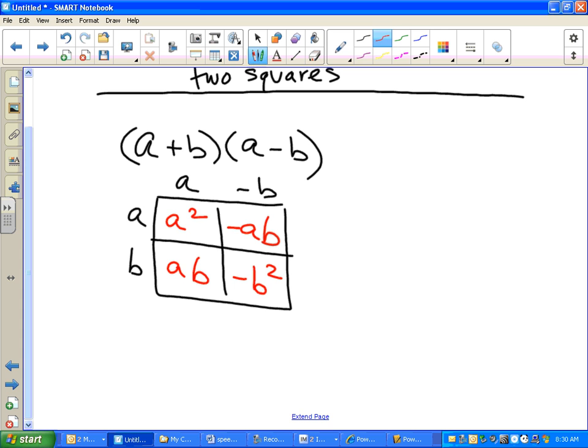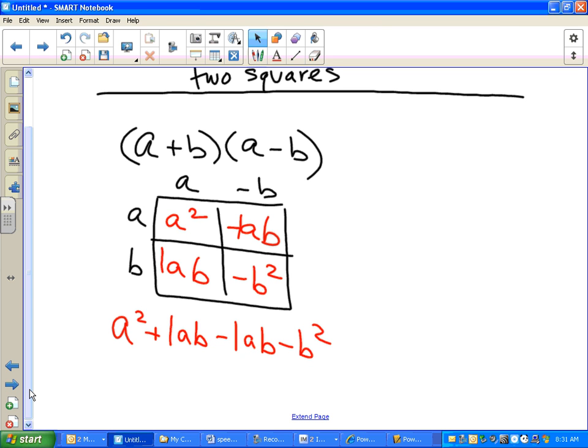Now that we've gotten that square done, we can unpack these and put it into a trinomial. So a squared. Here we have 1ab, and this is negative 1ab. Positive 1ab plus negative 1ab equals 0ab, which disappears. It's gone. All right, so I'm going to write it out just for right now, but this is 1ab minus 1ab minus b squared.